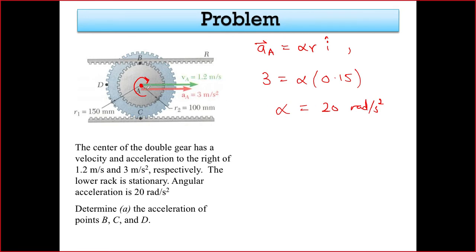If it was moving to the right, then this alpha must be clockwise, which in our I, J, K components is actually minus K. So this alpha is also minus 20K.